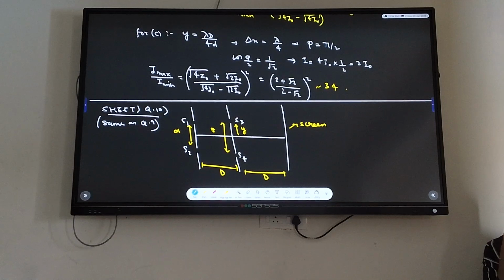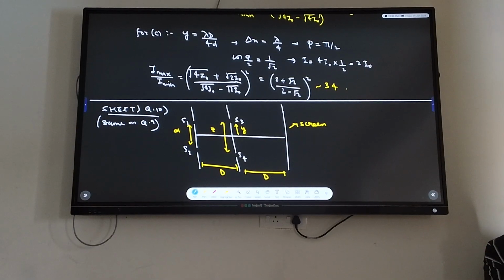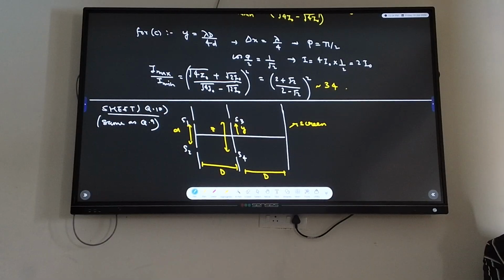Answer is in terms of lambda. Yes, answer. 4 lambda. Incorrect. Anybody else? Should I start or should I wait?